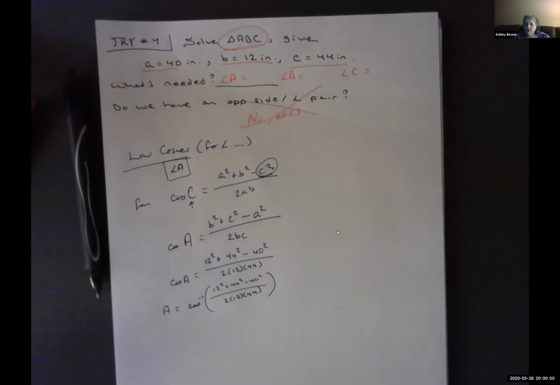We have inverse cosine, the numerator, 12 squared plus 44 squared minus 40 squared, divided by the product, 2 times 12 times 44.